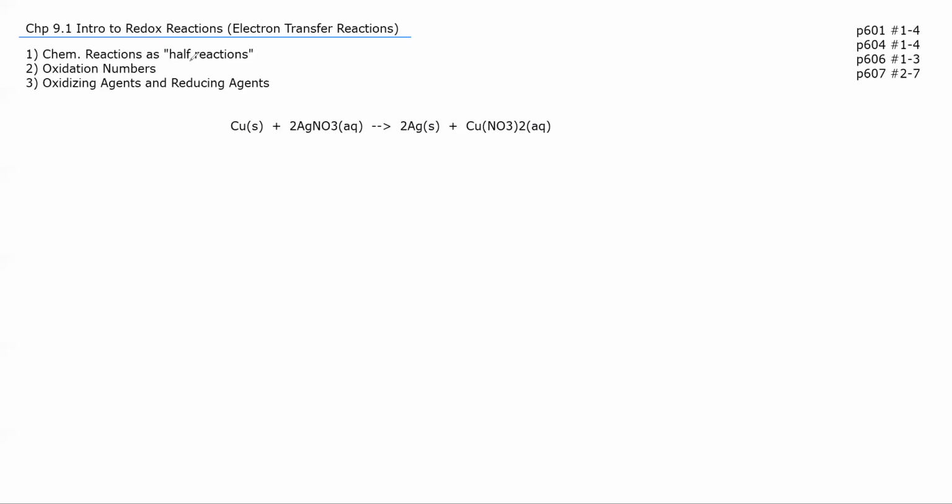Okay, so redox reactions, what are they? They are reactions that you already know, you've already seen, but we classify them a little differently, because conventional means of just swapping ionic compounds, for example, for this single displacement reaction that I have right here, are not enough to really explain where it's coming from.